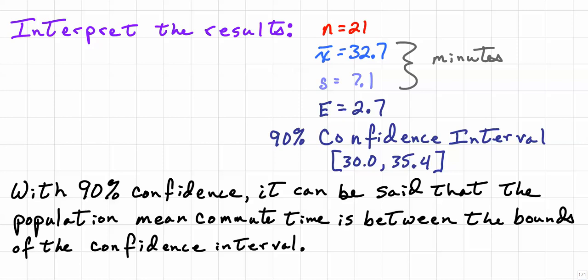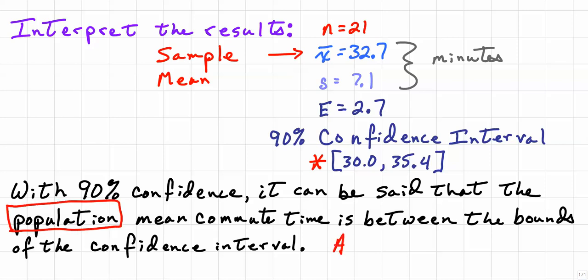It means that when we consider the sample mean of 32.7 and analyze it from the confidence interval we generated, from 30 to 35.4, the population mean, that means all commuters, the mean will fall between 30 minutes and 35.4 minutes.